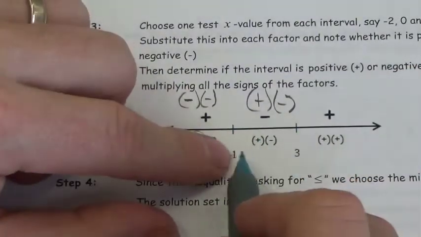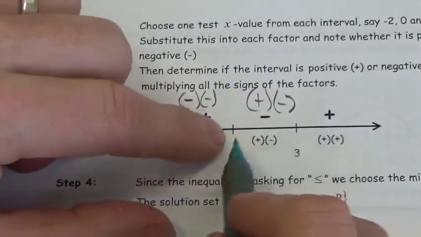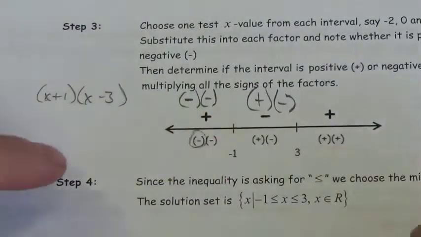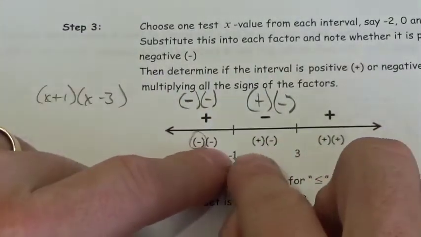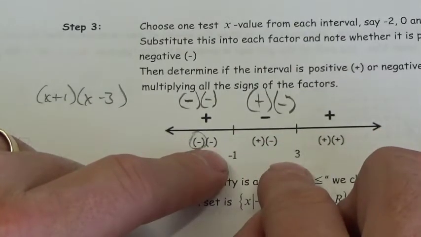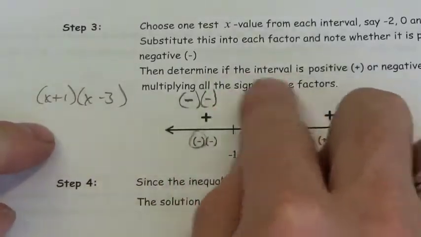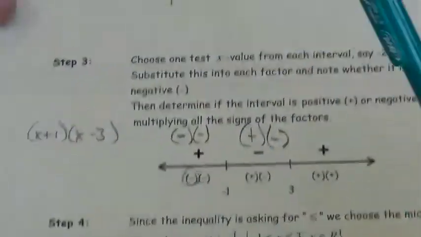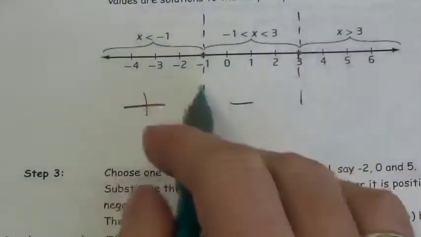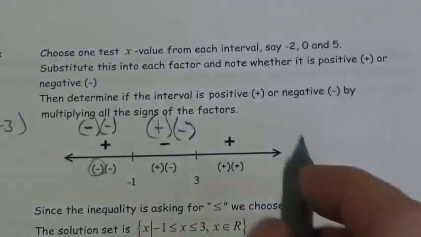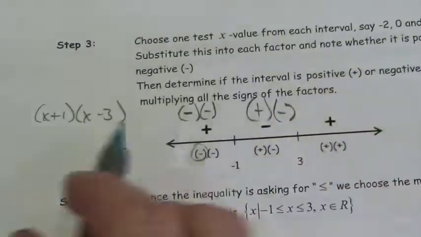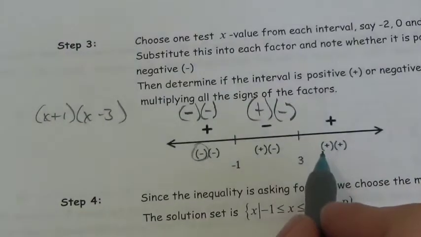And so for all of the x coordinates between negative 1 and 3, I want to say that again slowly so you get that: if one of the numbers between negative 1 and 3 produces a negative overall result, all of them will. So I know that this is going to become negative in that interval. Every value is going to be negative. And just like here, if you pick a number greater than 3, the suggestion we have here is 5. 5 plus 1 is 6. That's a positive.